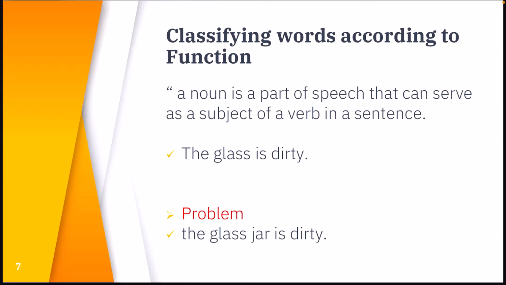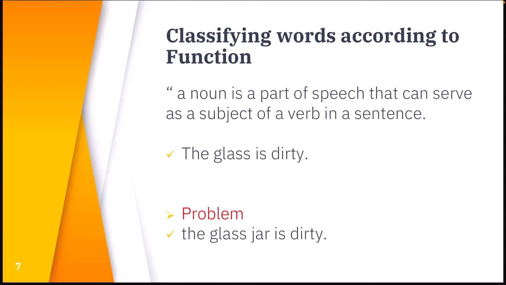We can conclude that all of the three criteria are not complete by themselves. That is, classifying words according to meaning, or according to structure, or according to function. These are not complete. Now the question is, what should we do?